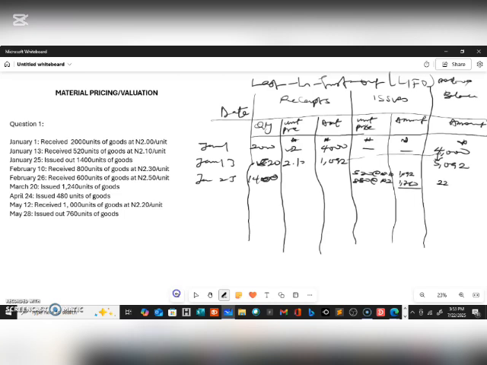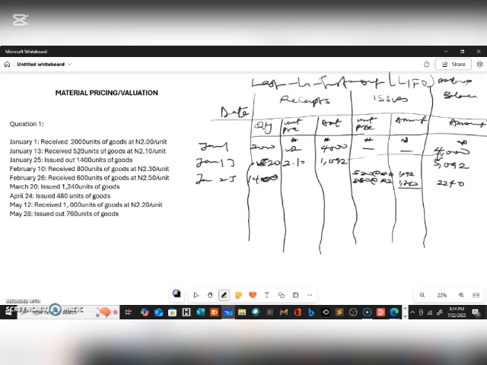So 1092, let me add that again, 1092 plus 1760, that's 2852. 2852 minus 5092. So that's accurate. Okay, so let us move on.